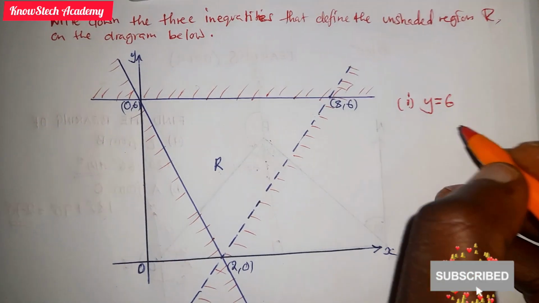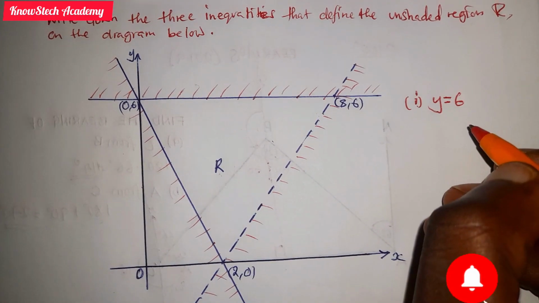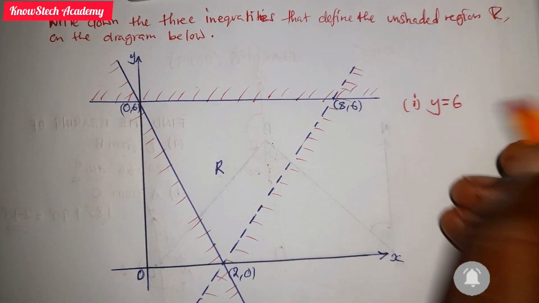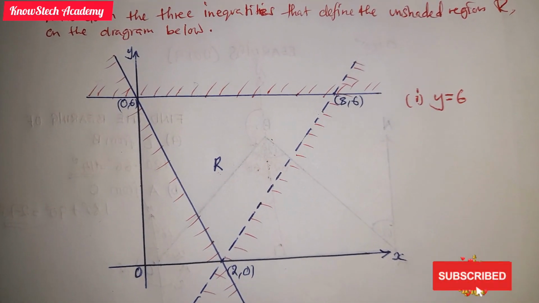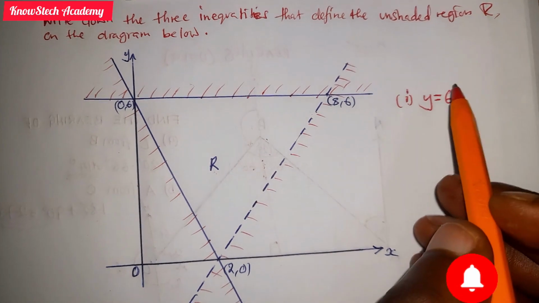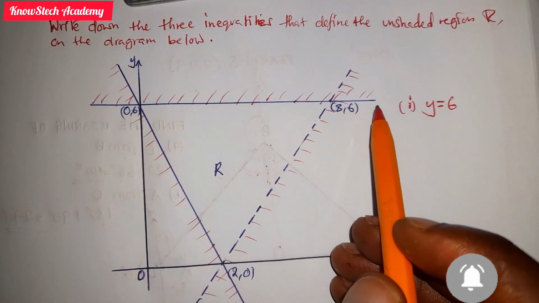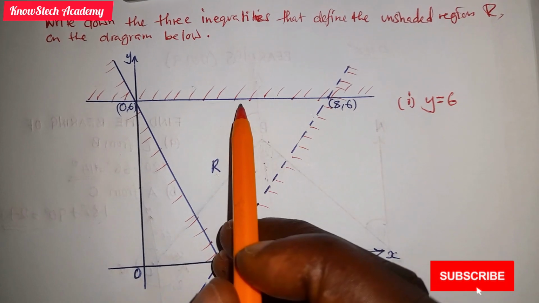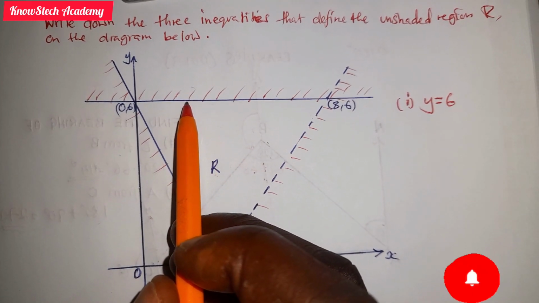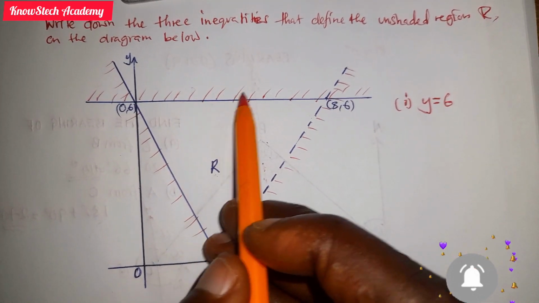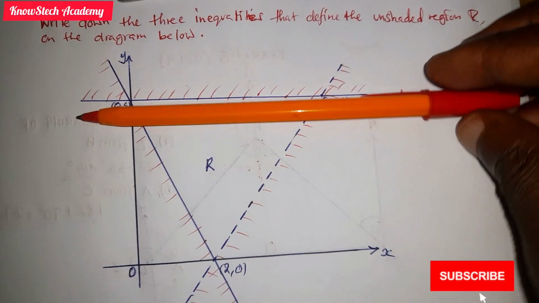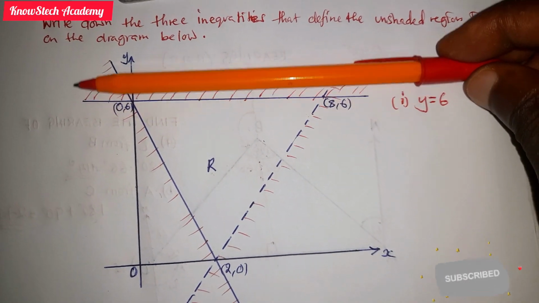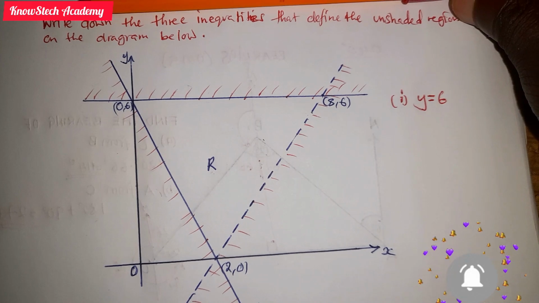This is not the answer, no. This is the equation, then you write an inequality as your final answer. Now the first thing is that you should look at where you are shading. Remember, when the line is horizontal like this and the shading is up, it is greater than.